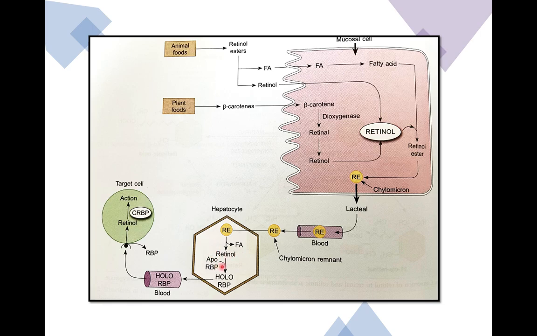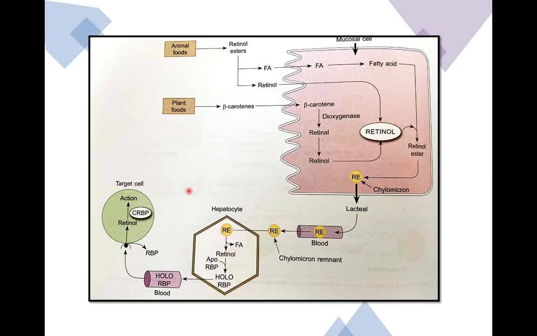This free retinol will bind with a protein RBP, that is the retinol binding protein. Then this retinol binding protein will transfer the retinol from the liver to the target cells such as the rod cells or cone cells of the retina, the skin, the gonads, etc. So retinol binding protein is necessary for the action of retinol on the target tissue.